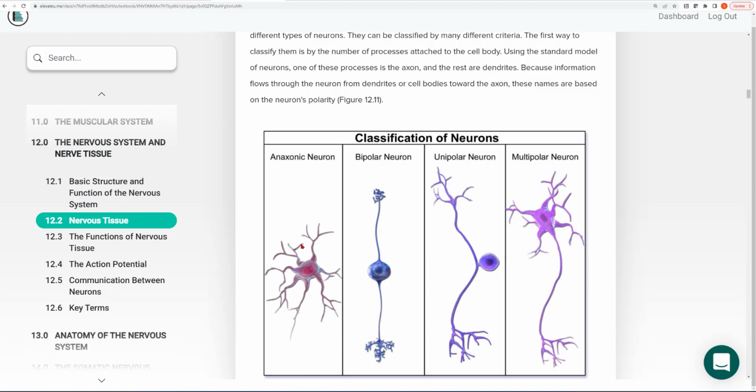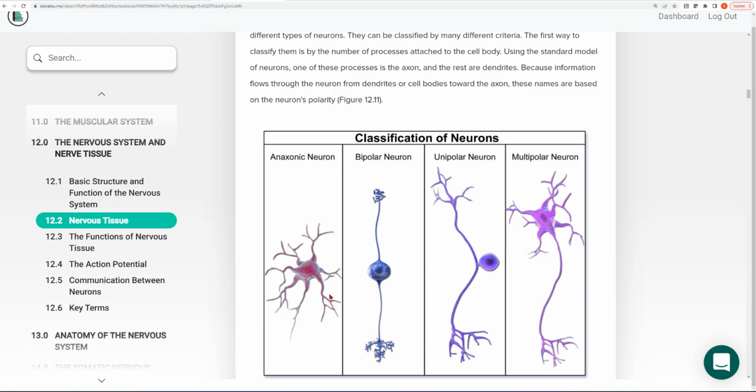And then there are what is referred to as anaxonic neurons. These, as the name suggests, are neurons without, A-N meaning without, an axon. But as you read through this unit, you will learn that that word is really an oxymoron or a misnomer, and that there really are likely axons involved.